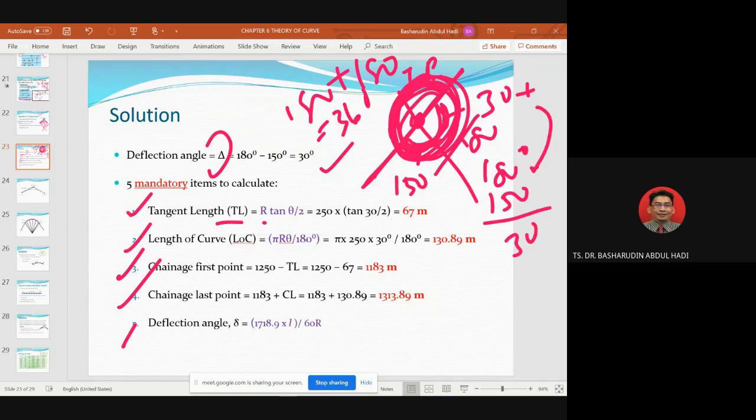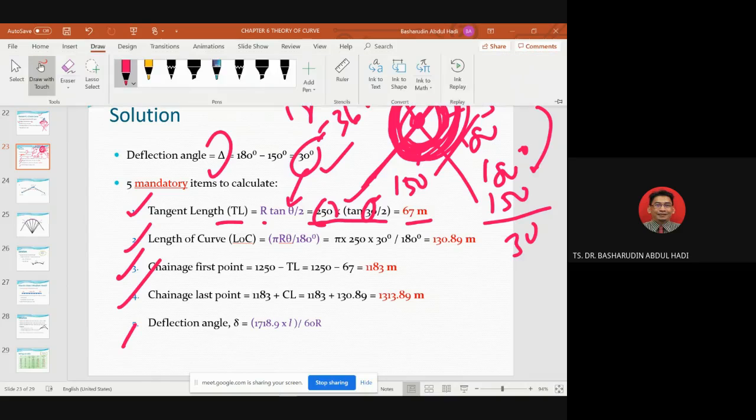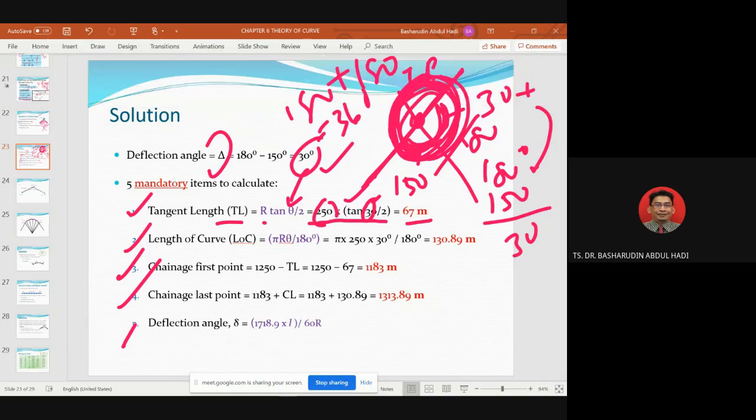Your radius is 250, and you use your deflection angle, divided by 2. This is the formulation; you cannot change it. So you get 67 meter. What does that 67 meter mean? Okay, let me scrap this one.